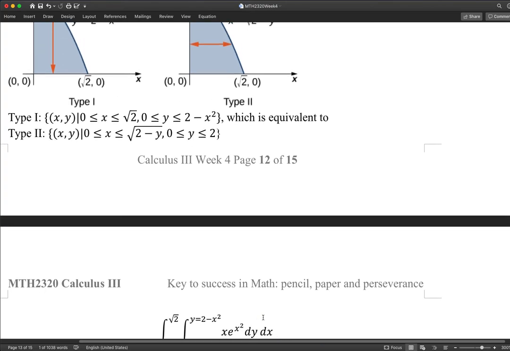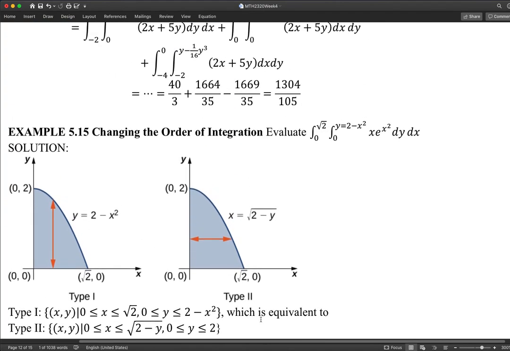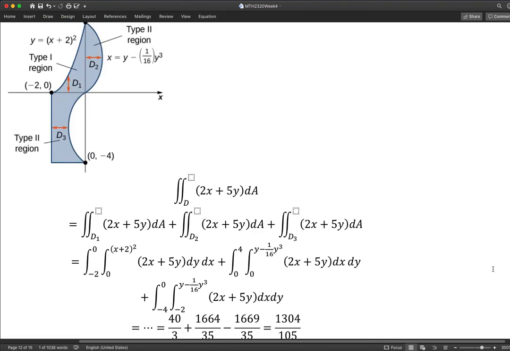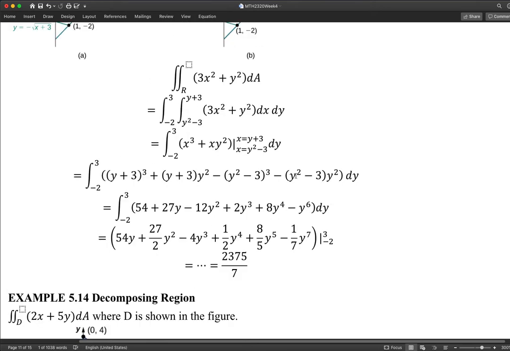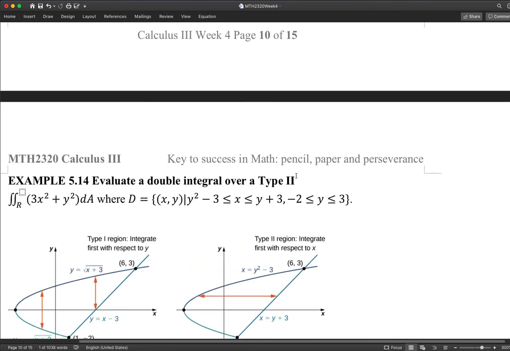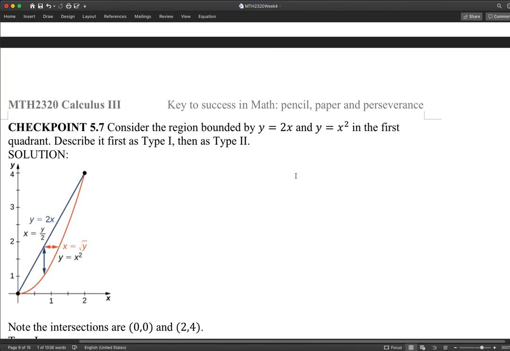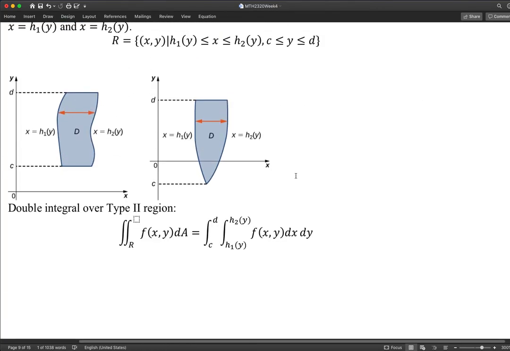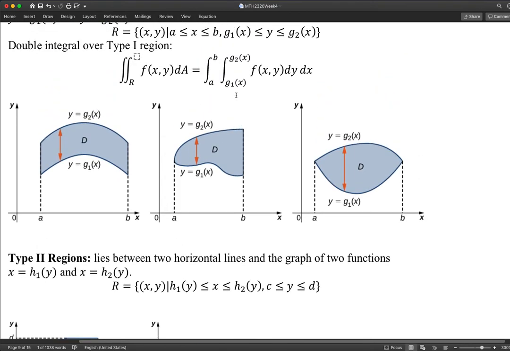So I really think that's all about section 5.2. We are working with double integrals over type 1 regions and type 2 regions. Make sure you know the arrangement for each.